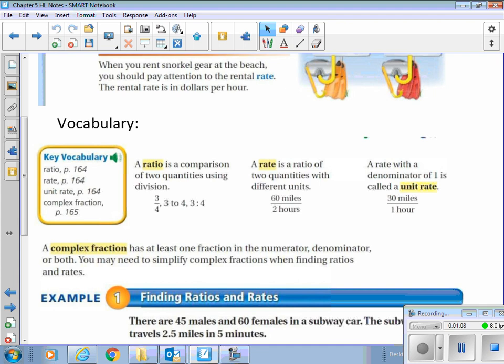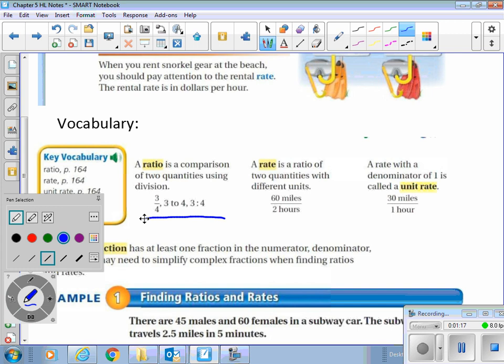A rate is an example of a ratio in which the two quantities have different units. If you look back at your ratios here, there are no units. However, when you look at your rates, you have miles here and hours here. So that's the difference between a ratio having no units and a rate actually having units that you are comparing.